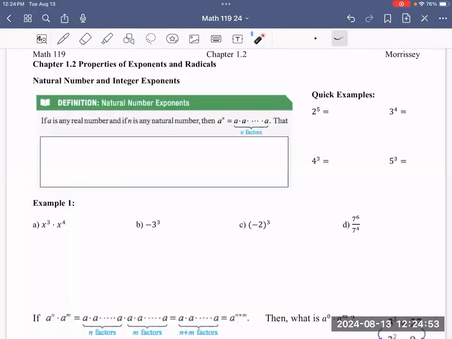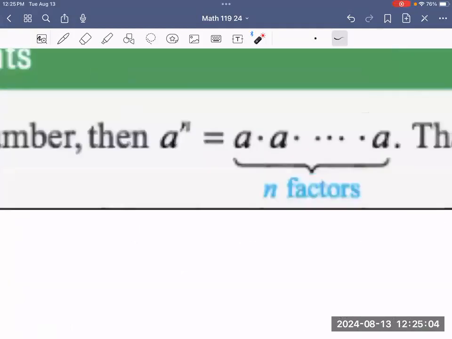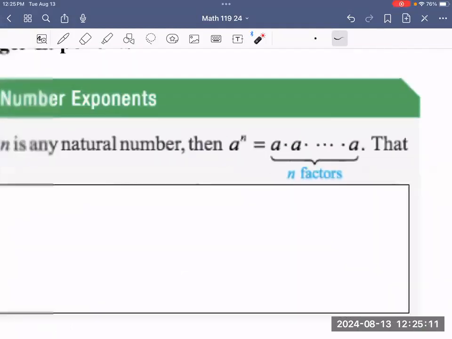All right, so natural numbers and integer exponents. It says if a is any real number and if n is any natural number, then a to the n can be written as a multiplied by itself n amount of times.